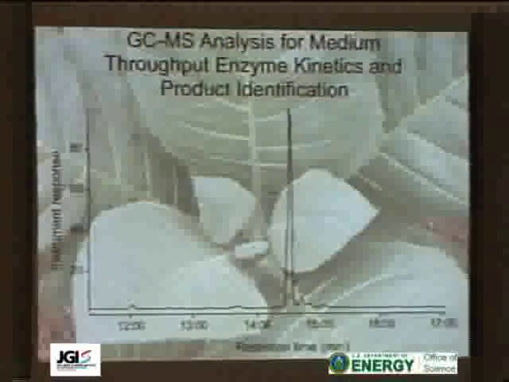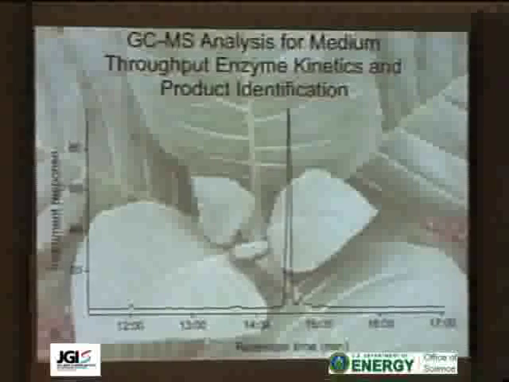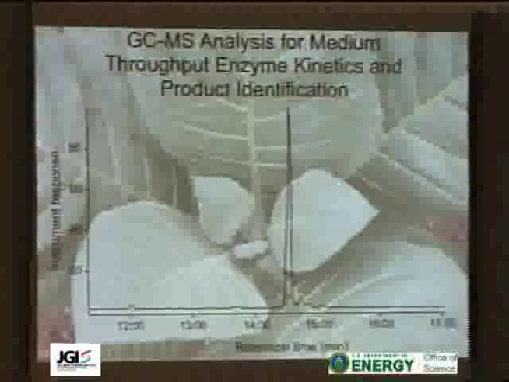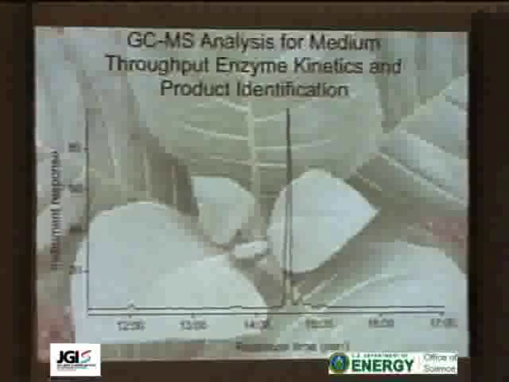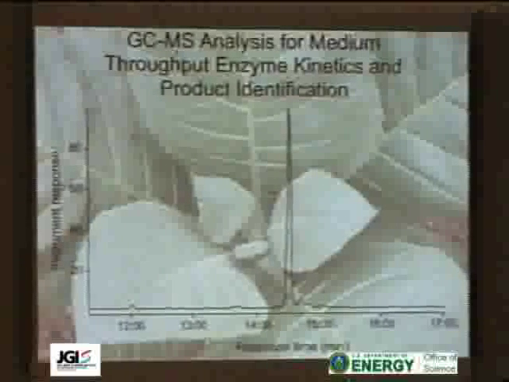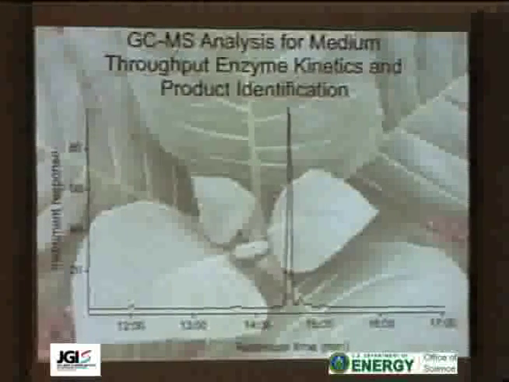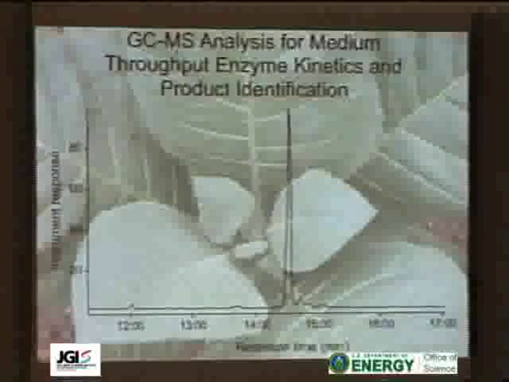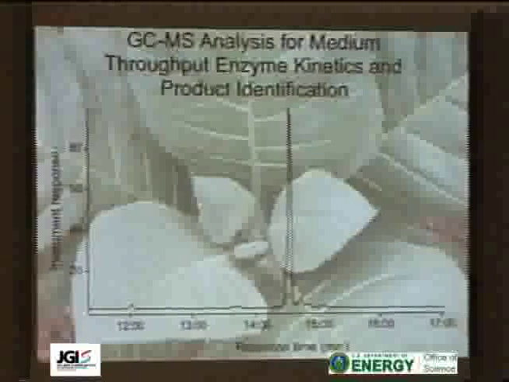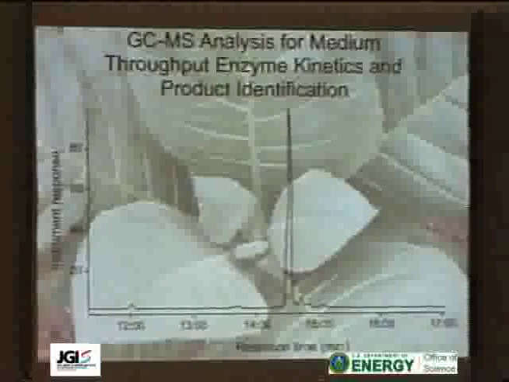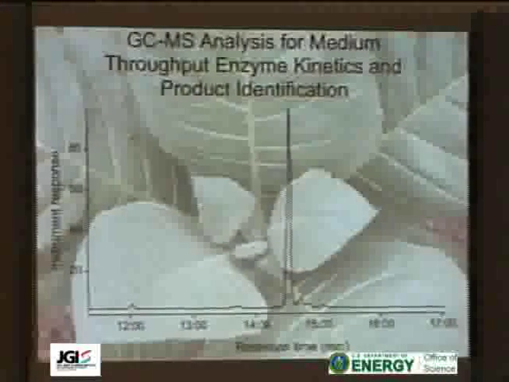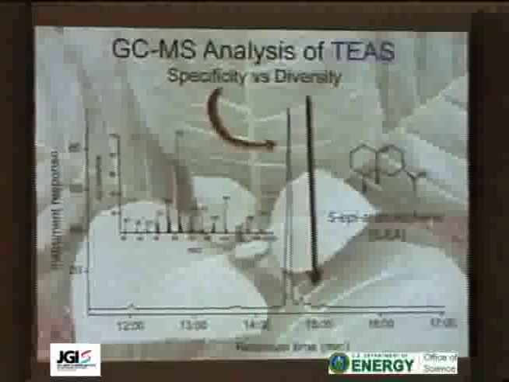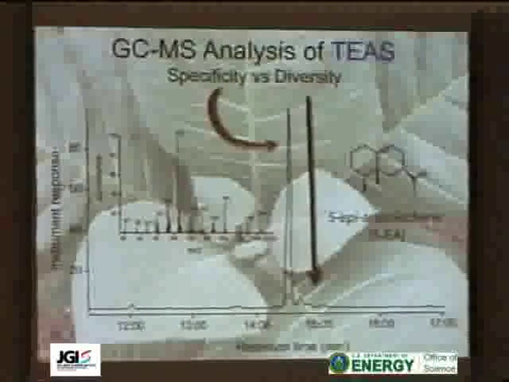These are also enzymes that are quite amenable to functional characterization. So we have a medium throughput system where we use a combination of gas chromatography and mass spectrometry to actually analyze these systems both in vivo as well as in vitro. And this is an example of an in vitro reaction of that tobacco enzyme, epiaerostolachin synthase. And from this you can see that there is one major peak, and this is our epiaerostolachin peak.